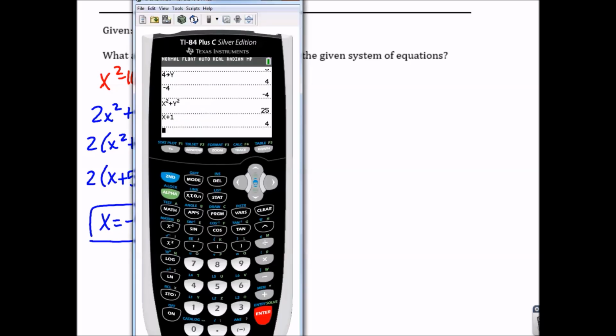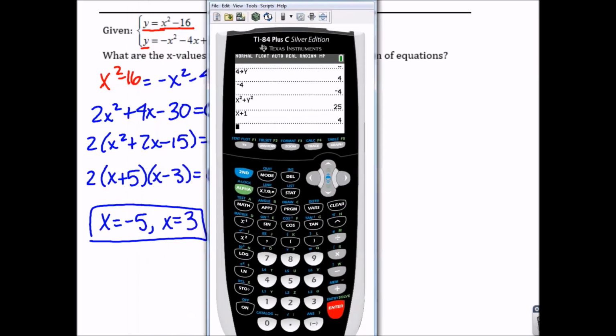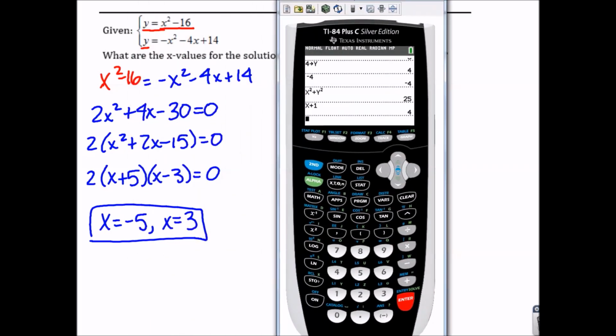Now, since both of these equations are already solved for y, I'm going to check this by graphing. So I'm going to go to y equals, clear my other equations, and type them both in. Then I'm going to graph.